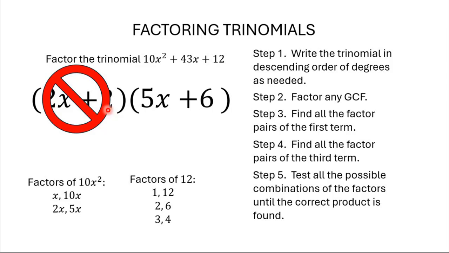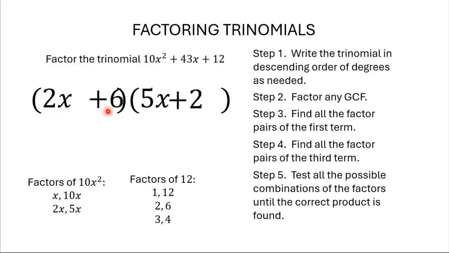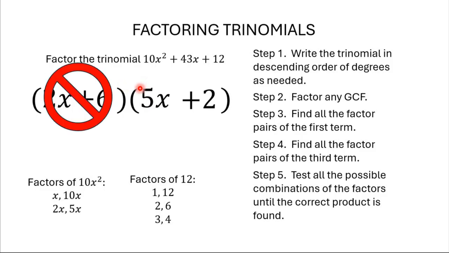And let's try to switch them then. Let's switch the 2 and the 6. But when I switch them, I see this binomial once again has a GCF of 2. So as long as we know the GCF of the original trinomial is 1, each binomial we form should also have a GCF of 1. And if it doesn't, we don't even have to try that particular combination.